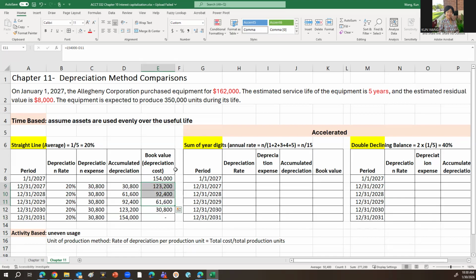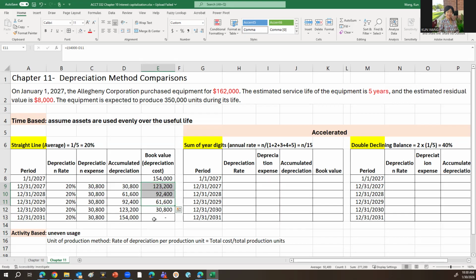So in terms of the formula, there are different ways you can figure it out, but the result will be the same. It doesn't matter whether you use the original cost minus the accumulated depreciation, or you adjust the depreciation each year. The final table of your depreciation schedule should be the same. There are multiple approaches. We can do this as long as you understand the connections between the different columns.